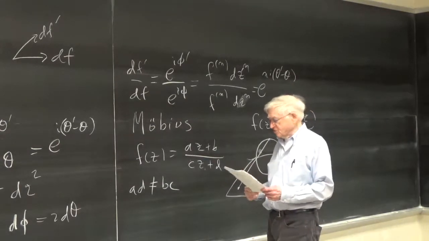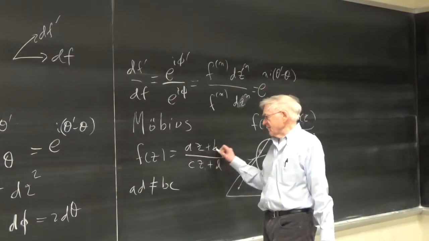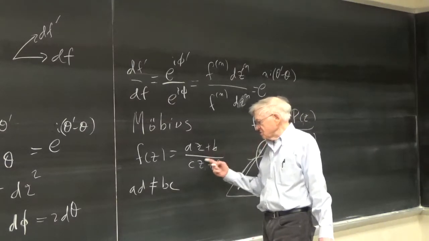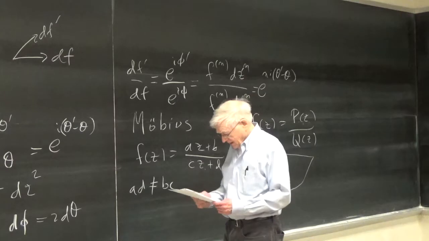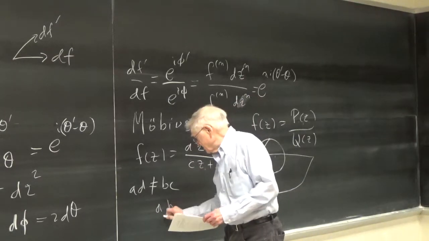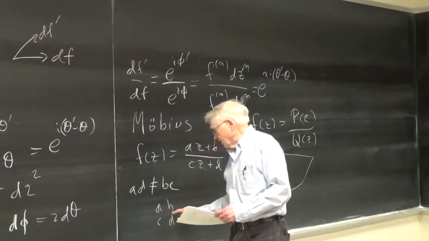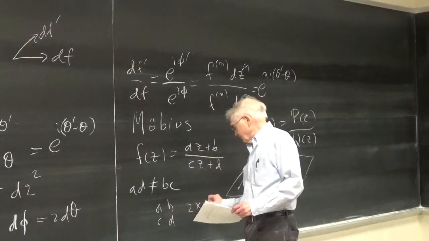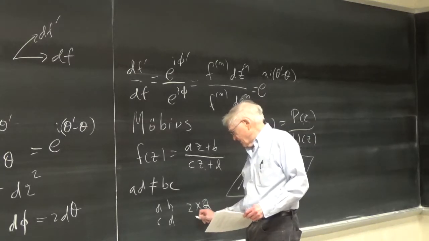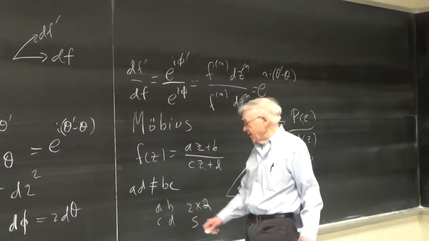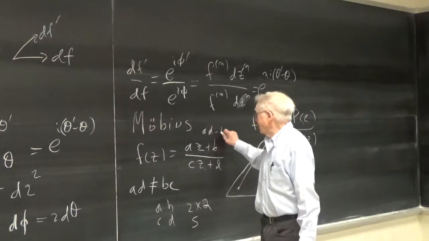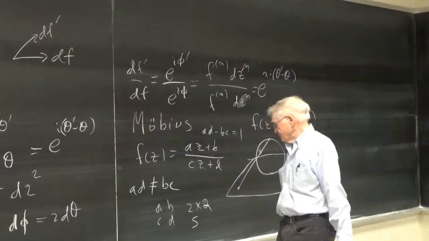Anyway, this is what you have if you want. This is called the special conformal group. And what's interesting is that these matrices, A, B, C, D, are 2 by 2 complex matrices of determinant 1, because one restricts AD minus BC equal to 1.